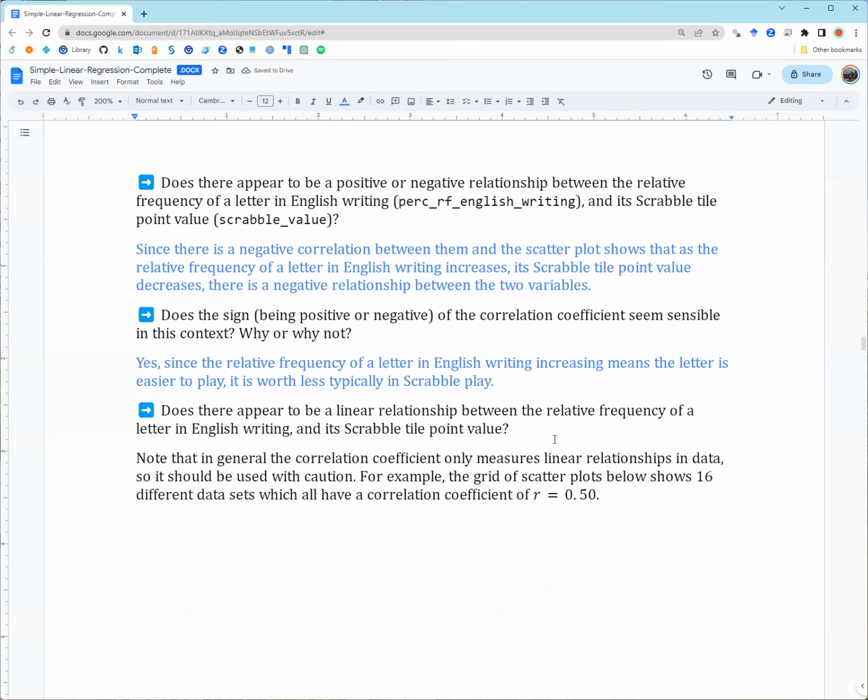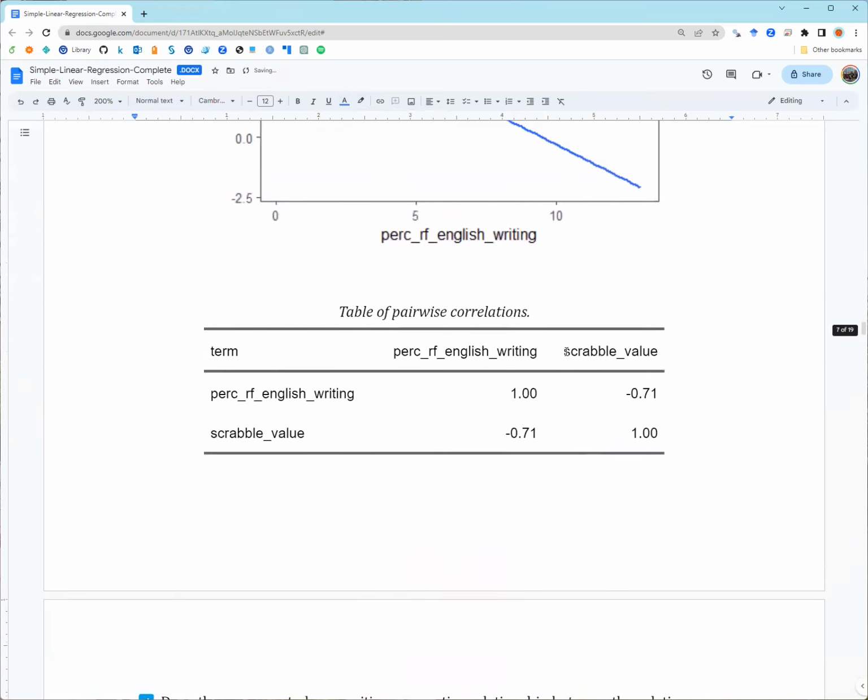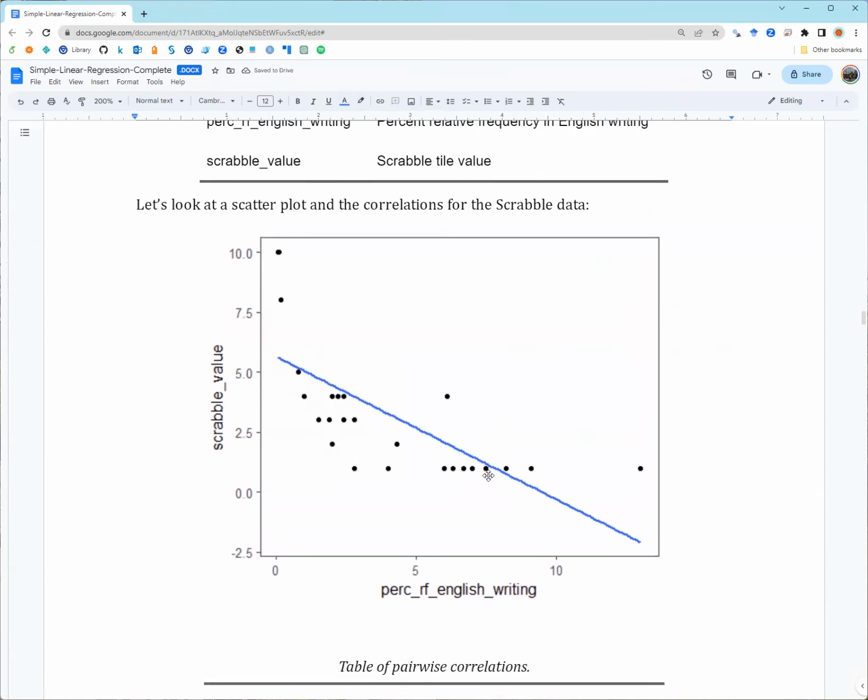Does there appear to be a linear relationship? This is what I was saying. Does a straight line capture the trend in the points? Do they follow a linear relationship? Well, somewhat. Again, it looks like it would fit some type of nonlinear pattern a little bit better, a little bit of curvature here.